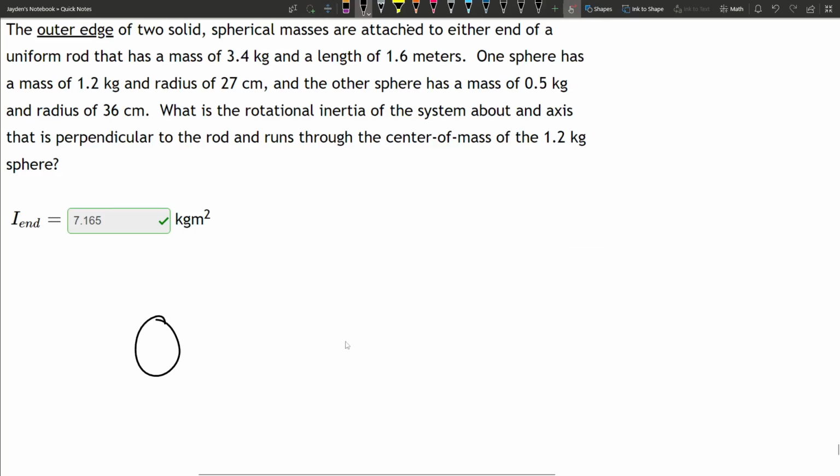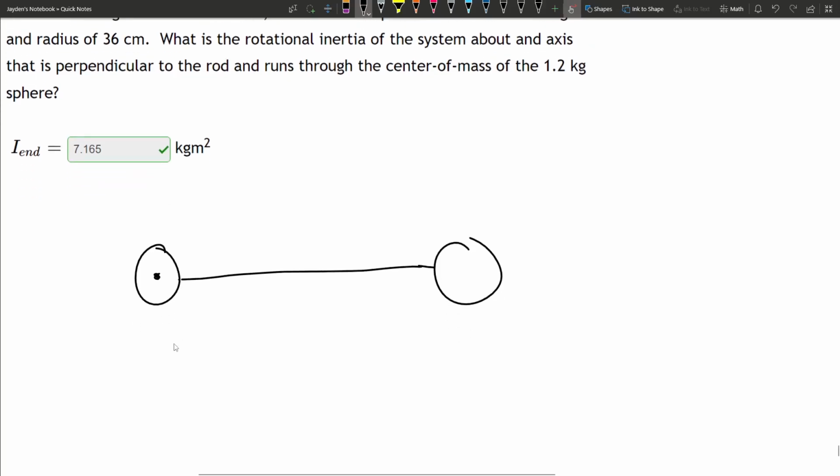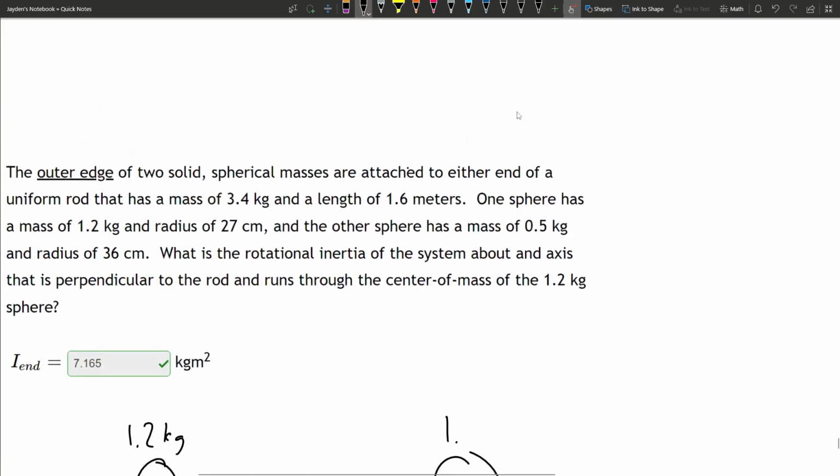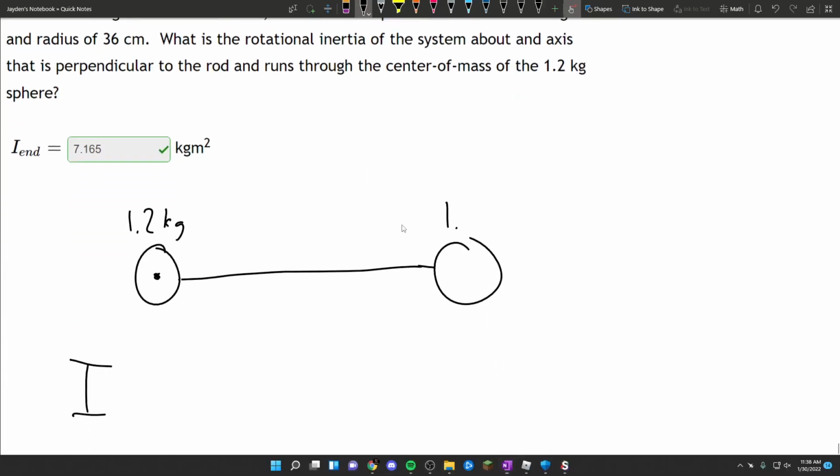We've got a sphere here, a sphere here, and a rod that connects them. We're asked to find it through the center of this one. So let's just run through this very quickly because I have to eat lunch. This one is 1.2 kg, and this one's 0.5 kg.